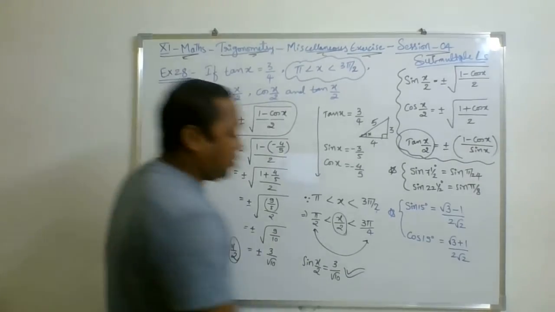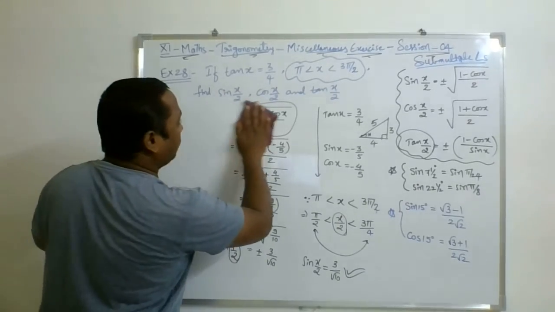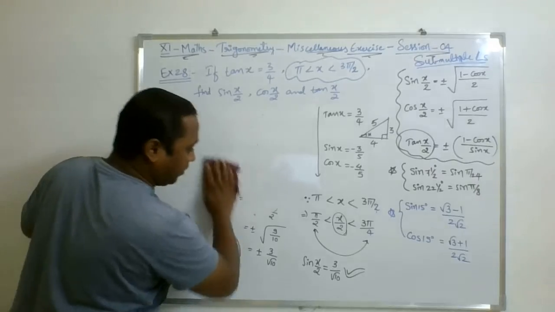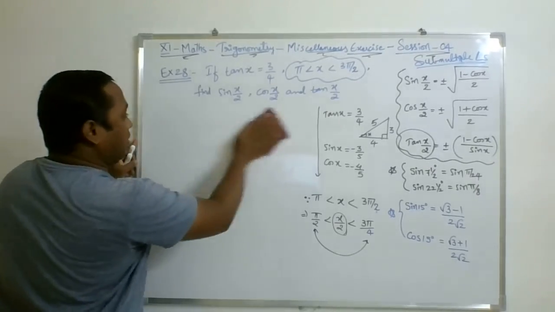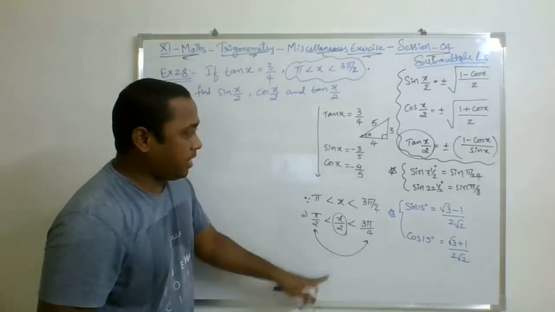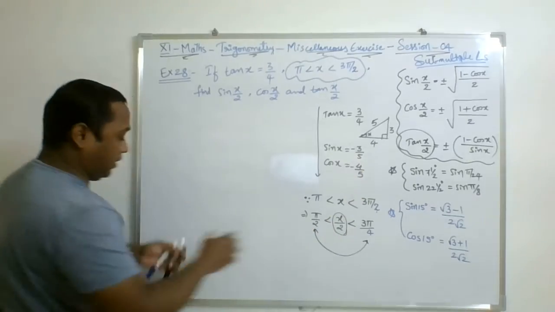Check. Cos x by 2 value now we are finding. Because this part is required in all the three values, I am keeping as it is.